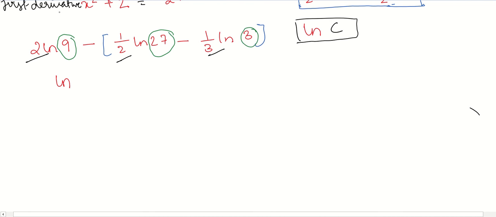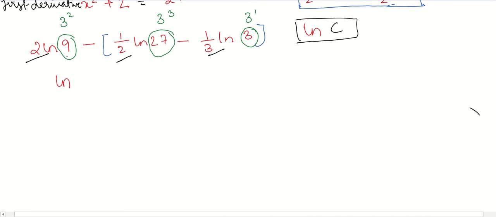Now if you notice, 9 is equal to 3 to the power of 2. The base of all of them can be 3, right? So 9 is equal to 3 to the power of 2, 27 is equal to 3 to the power of 3, and 3 is equal to 3 to the power of 1, right? So all of them have one thing in common, and that's the base, all right?